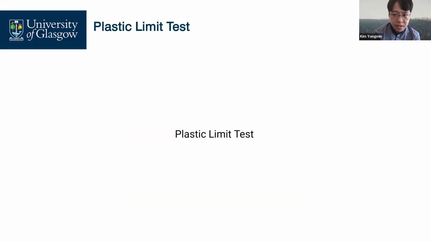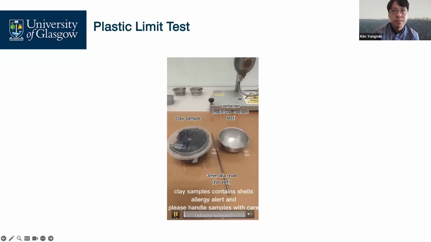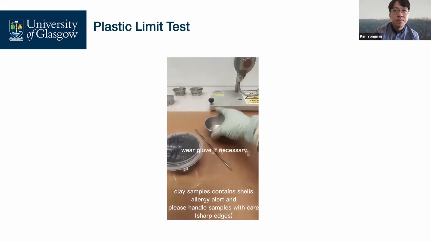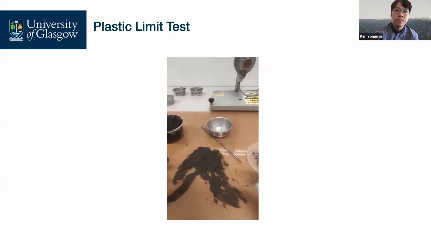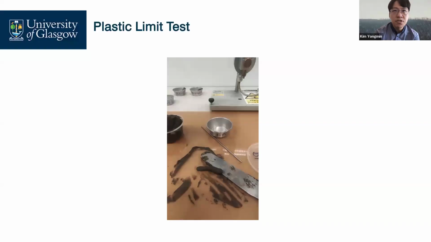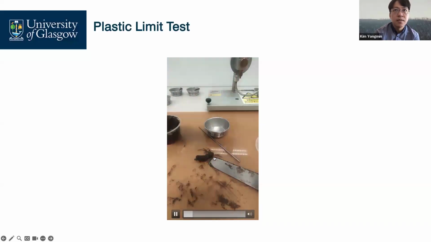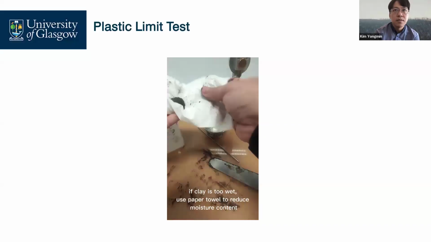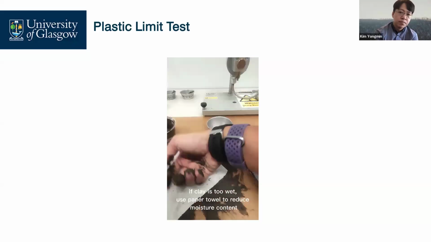The next test is another Atterberg limit test, for the plastic limit. Wear gloves if necessary. Now it's too wet. If the clay is too wet, use a paper towel to reduce the moisture content.